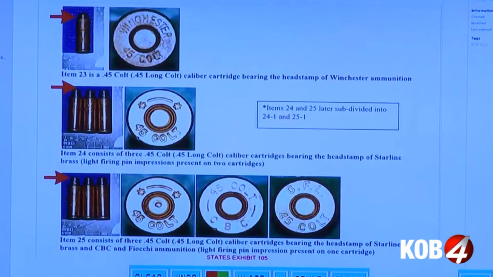The images below that, these bullet types are semi-wad cutters. So again, it's just a different design of bullet, so it's different in shape than the ones you previously saw. You also see additional head stamps here, such as Winchester, GFL, which is a trade name called Fiocchi, as well as CBC, which is made by Magtech. And due to the glare, it's a little difficult to see in this photo, but I also believe there's differences in the colors of the primers.